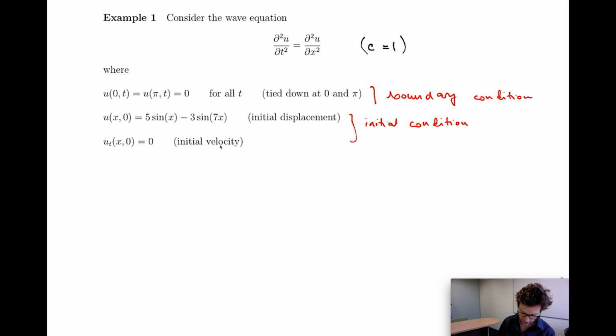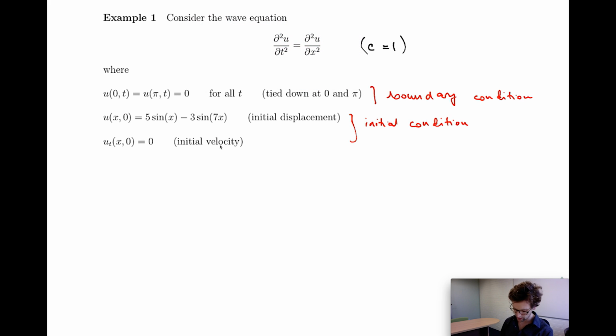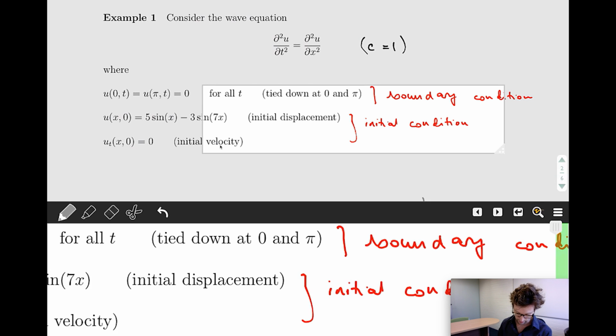What we're going to do is imagine that we're looking at a string that's tied between 2 points. So kind of like a guitar string. So at any moment in time, the displacement of this string from 0 is going to be given by our variable u.